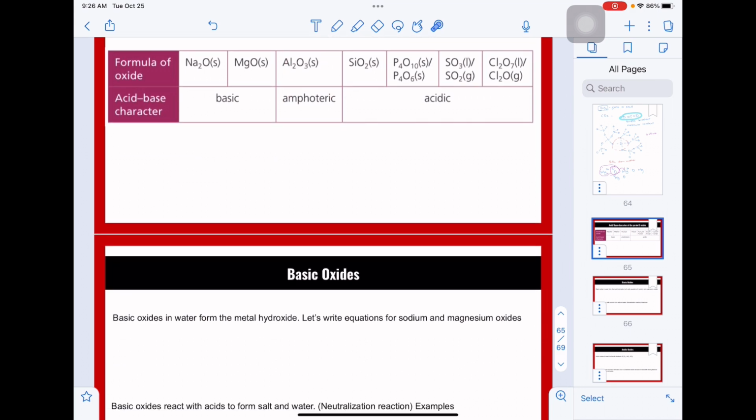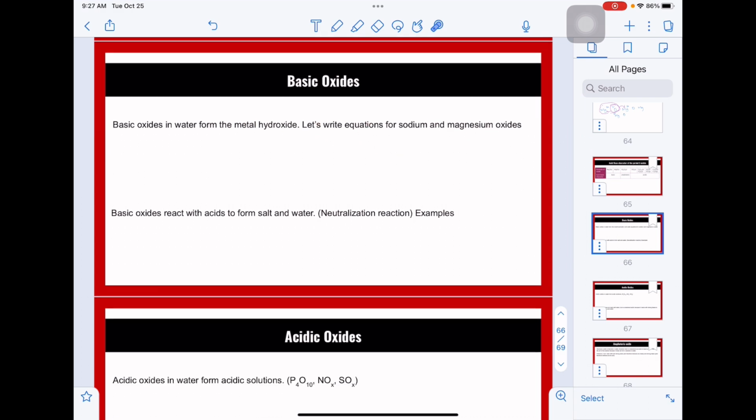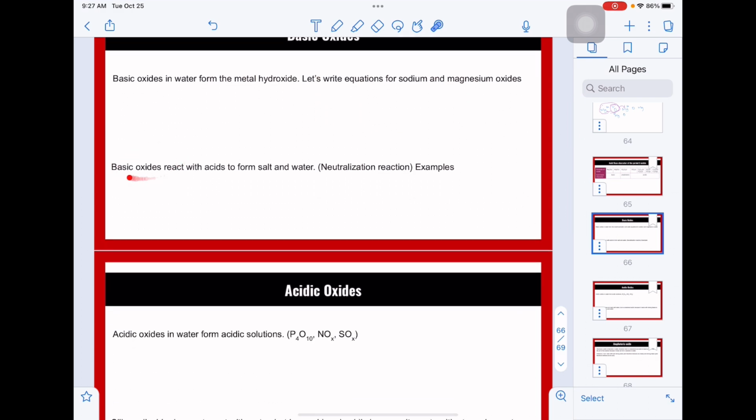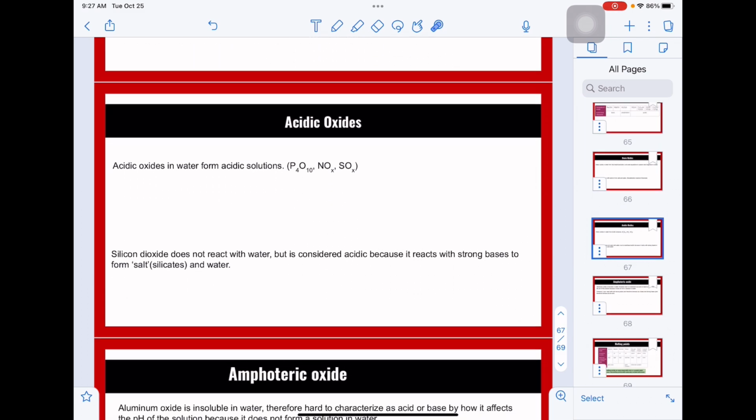For the basic oxides, when you put them in water, they form metal hydroxide. So you can write an equation for that, okay? If you react a basic oxide with an acid, they form salt and water, which is a property of bases. When bases react with acids, they form salt and water, and that is called neutralization. Acidic oxides.